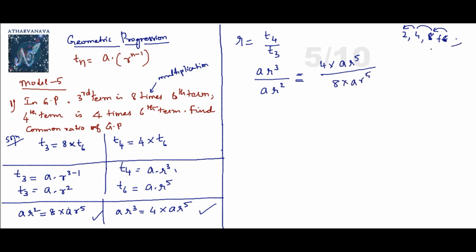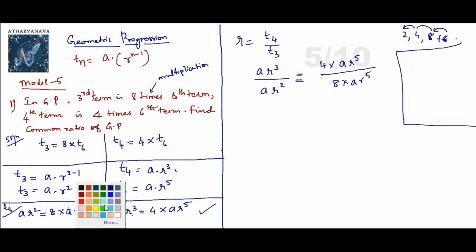I'll remove your confusion, as you might get a small confusion here. Please understand that this is T3 and this is T4. You want T4 by T3. T4 value is ar power 3, and what is it equivalent to? 4 into ar power 5. That's what I wrote. And what is T3? Ar square, and it is equivalent to 8 into ar power 5.